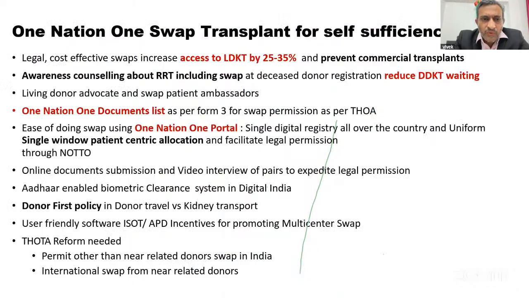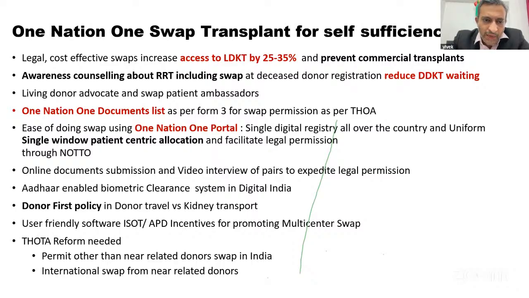So now the vision is a national program, One Nation, One Swab Transplant program, because this will increase access to living donor kidney transplant by 25 to 35%. And there should be counseling about the swab before the deceased donor waiting list. This will increase living donor transplant by at least 10%.